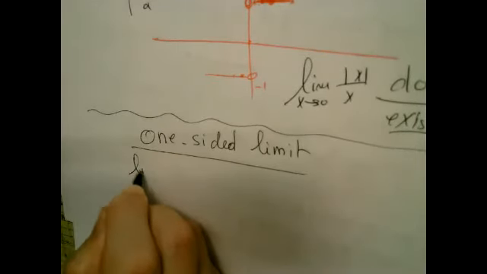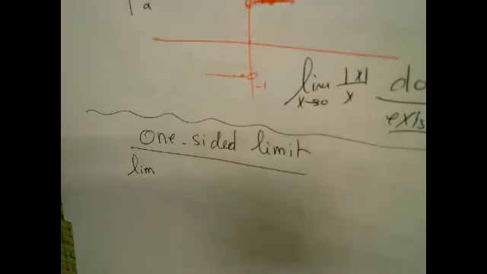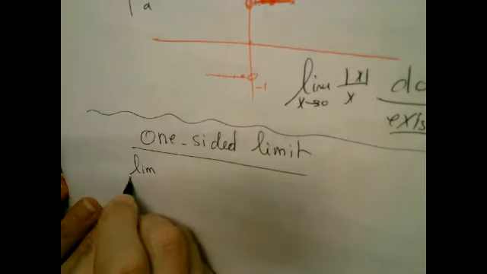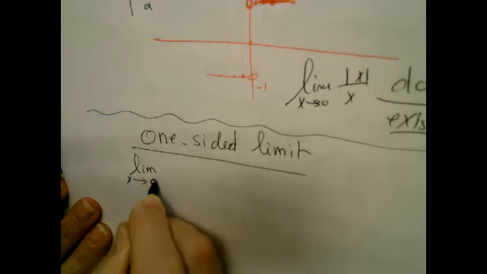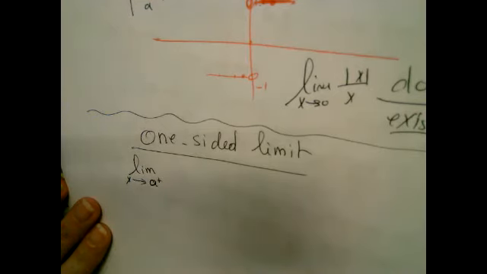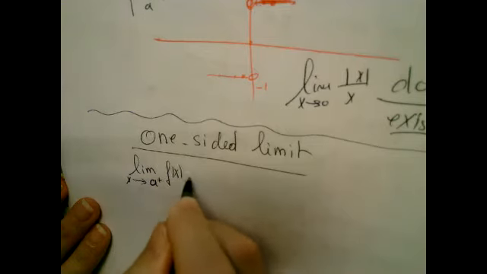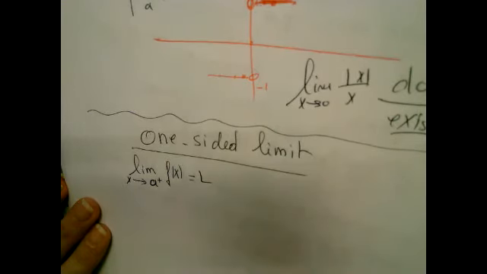We say that the limit as x become close to A from the positive of f of x equal to L. What does it mean?